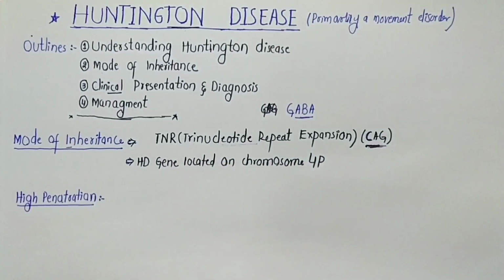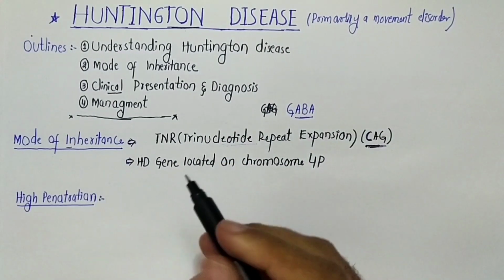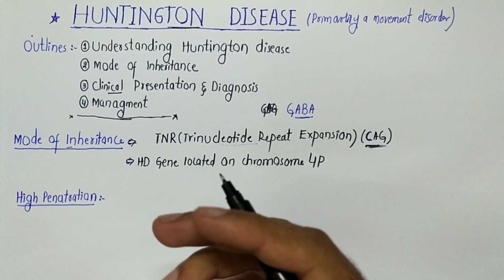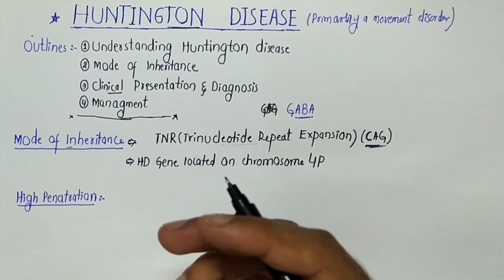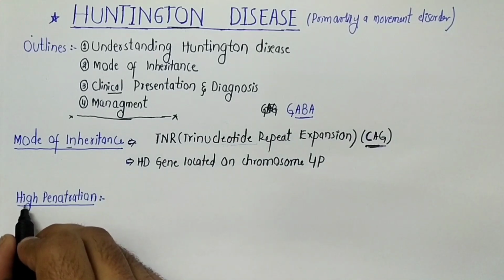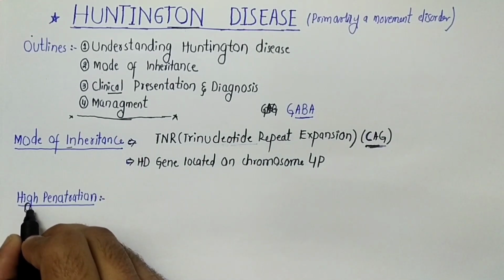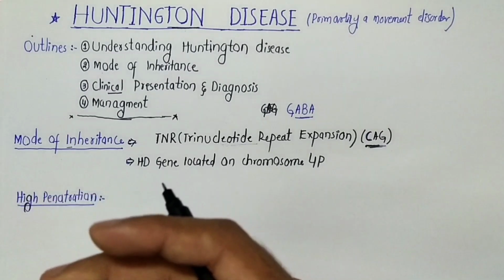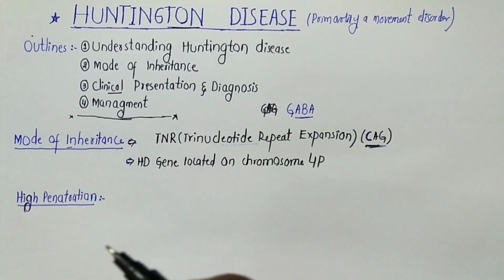When we deal with genetic disorders, we say that this disease has a very high penetrance. So what is meant by penetrance of a genetic disease?